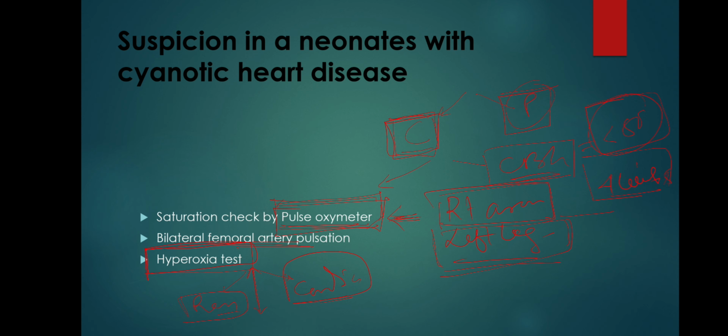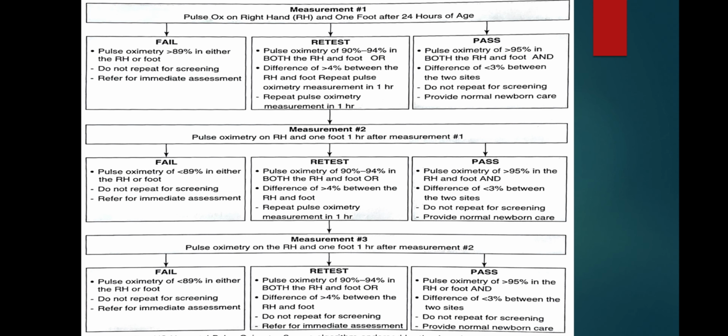So when you are suspecting a newborn having cyanosis, or for any newborn after 24 hours, we have to do pulse oximetry and check the saturation in all four limbs. Mostly the right hand and the left foot are more indicated, because the right hand shows preductal saturation.